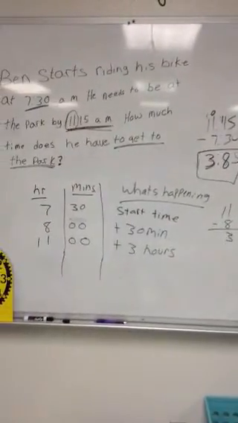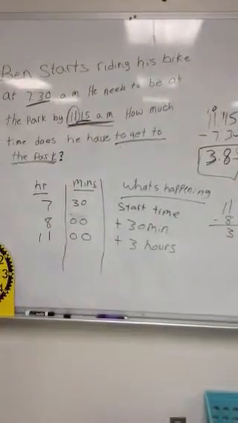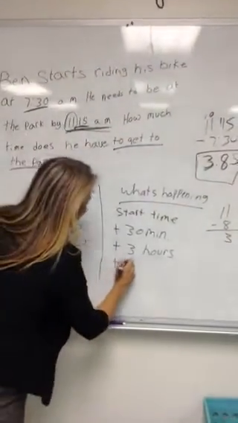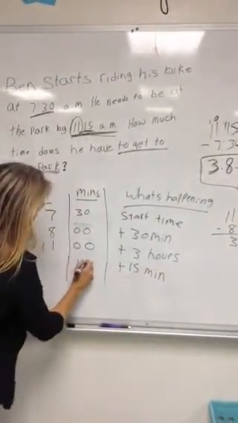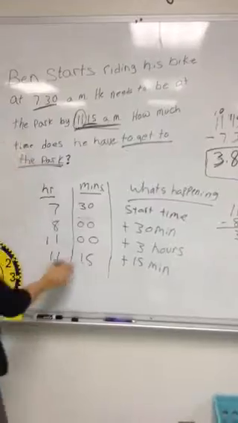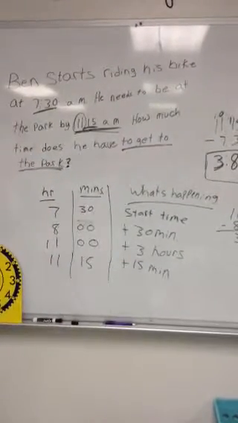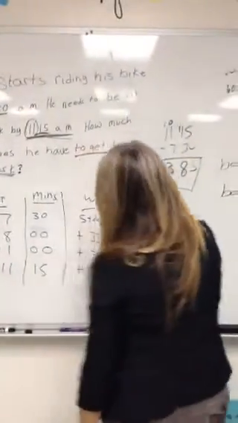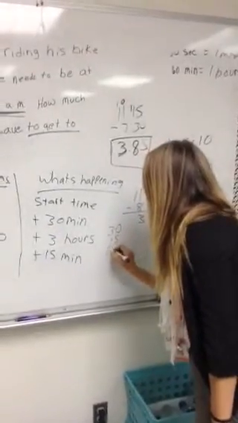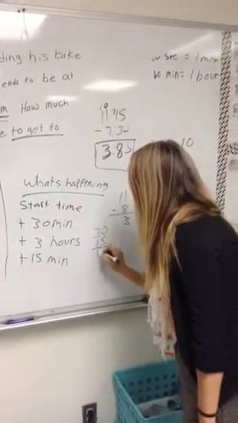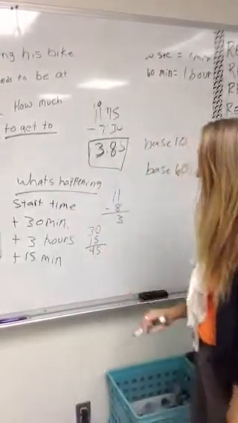Okay. So now we're at 11. We're still missing 15 minutes. So now we're going to add 15 minutes. We add 15, bring down the 11. Now we're at 11:15, our end time. So now to figure out the elapsed time, we're going to take our minutes and add them together. 5 and 0 is 5, 3 and 4 is 45 minutes.